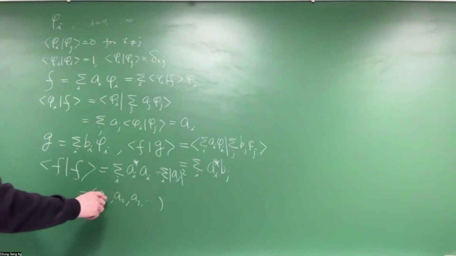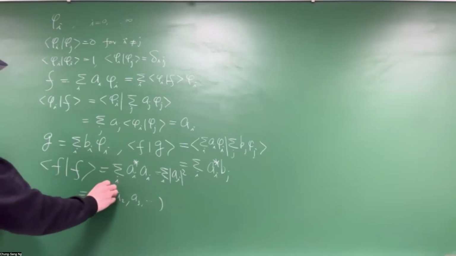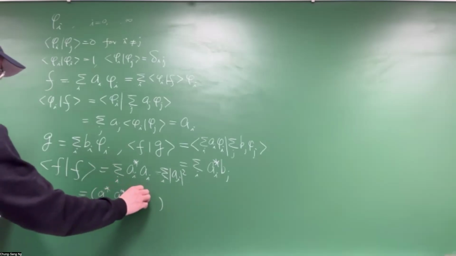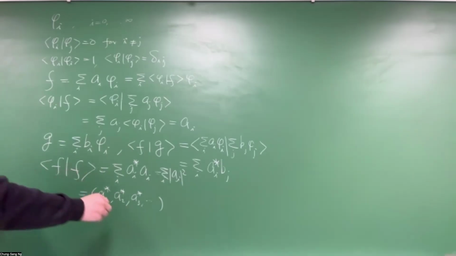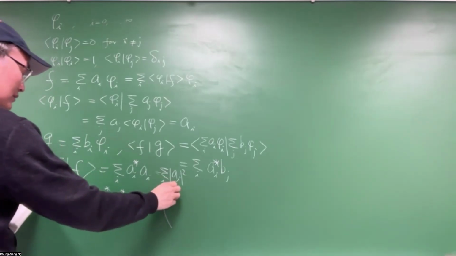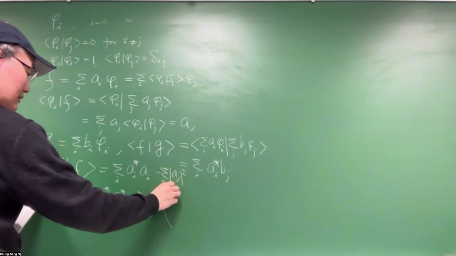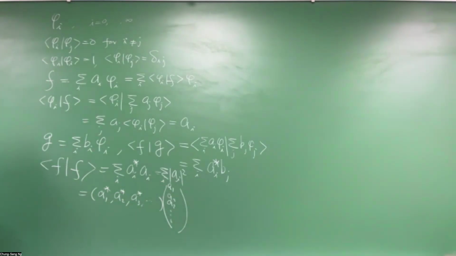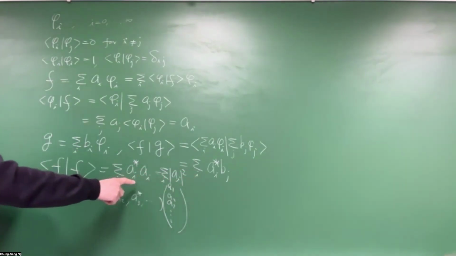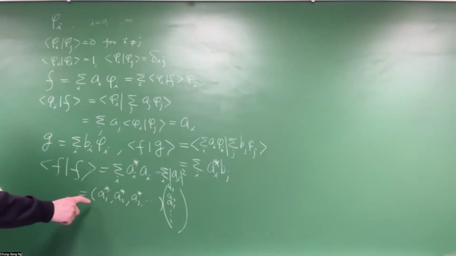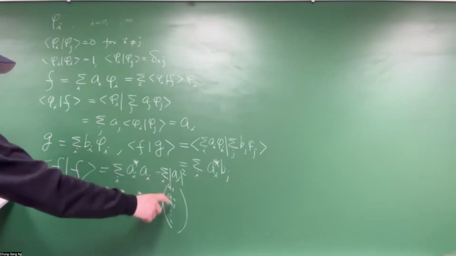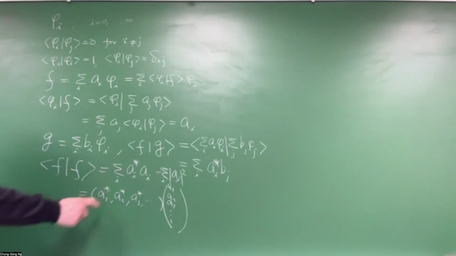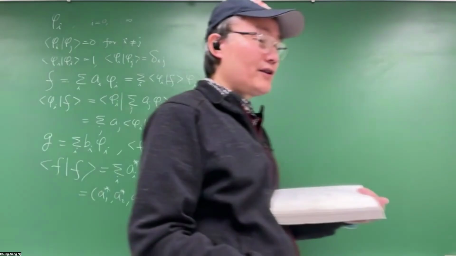But when you put it on the left-hand side, you remember to do the complex conjugate. And the original one, you treat it like a column vector. Right. Then this product is just the multiplication of a row vector with a column vector. Exactly like that. So that's why it's like linear algebra.